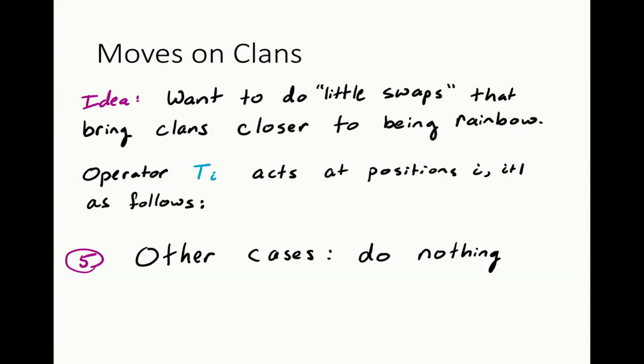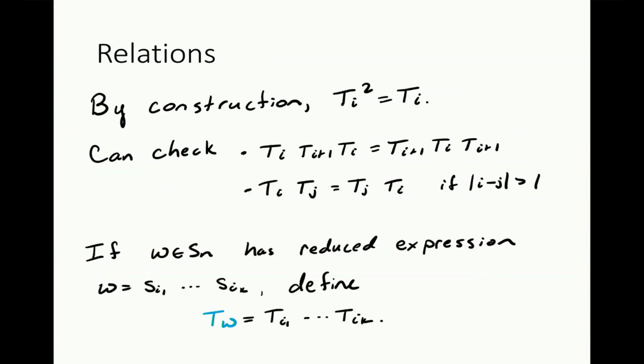Okay. So what we've really got here is a nice Hecke action on this set of clans. By construction, if you do this thing twice, if you've already gotten closer to rainbow, you're not going to get any closer by doing something else at that same spot. So T_i squares to i. You can check that the braid relations and the commutation relations hold. And because we have these braid and commutation relations holding, we can have a well-defined operator corresponding to any permutation in the symmetric group.